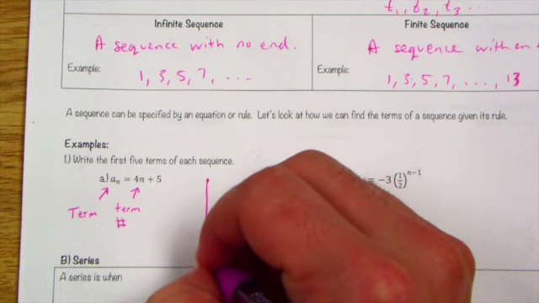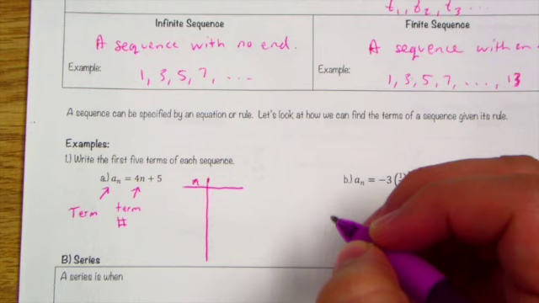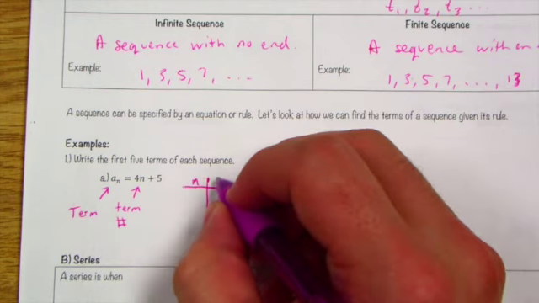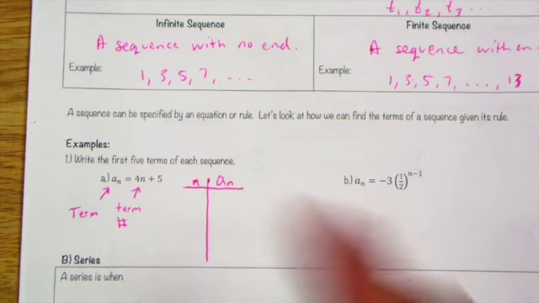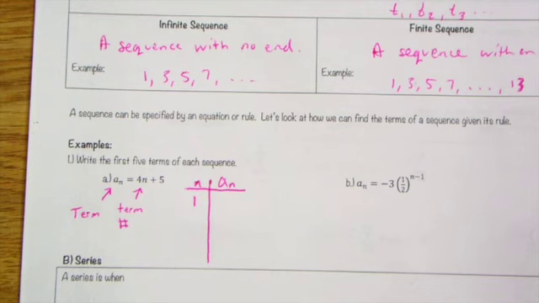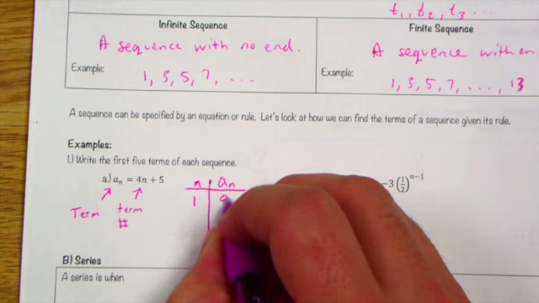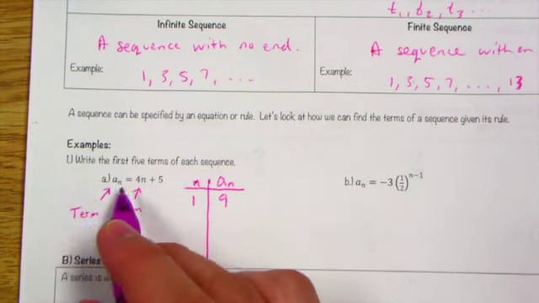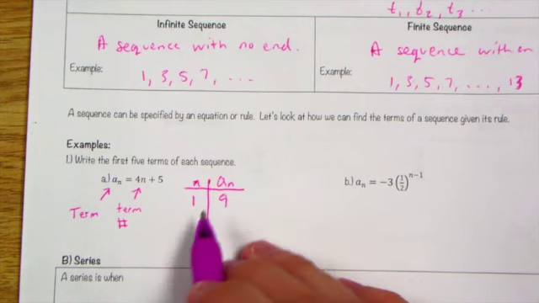We're going to create a table where you have the term number n, and then a sub n is the actual value. Term number 1 means you would just plug 1 in for n: 4 times 1 is 4, plus 5 is 9. So the answer for that term number would be 9. Think of A as an answer.